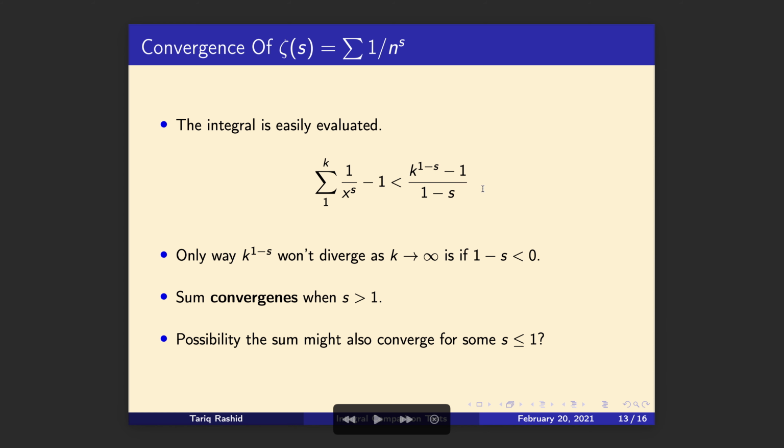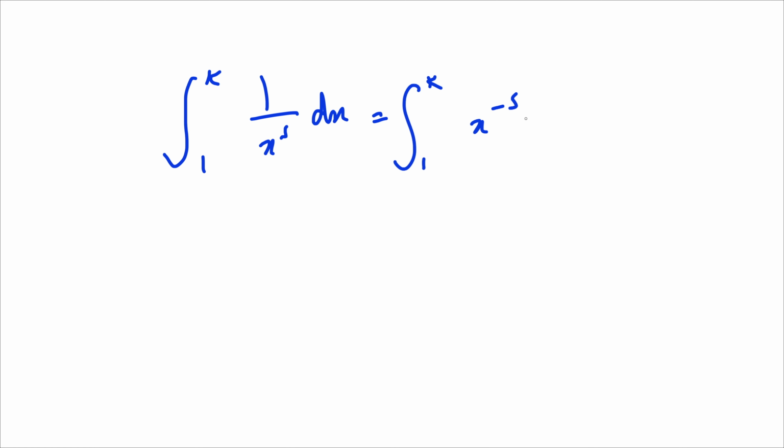In fact, it's worth doing it just once just to see. So the integral from 1 to k of 1 over x to the s dx. This is the kind of stuff we've done at school, but we'll just do it slowly just once. This is 1 to k of x to the minus s.